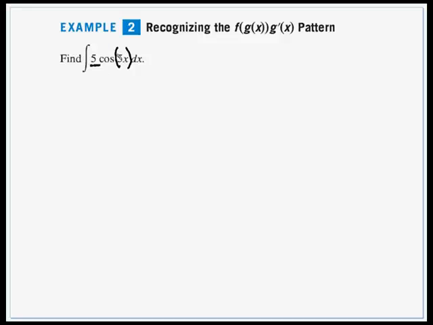So we need to ask ourselves, what is the antiderivative of cosine, or what do we derive to get cosine? Well, that's going to be the sine of the same 5x. And again, our 5 and dx are consumed in this antidifferentiation process. We have to tack on our arbitrary constant plus c.